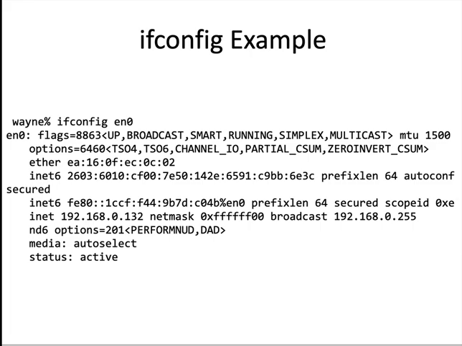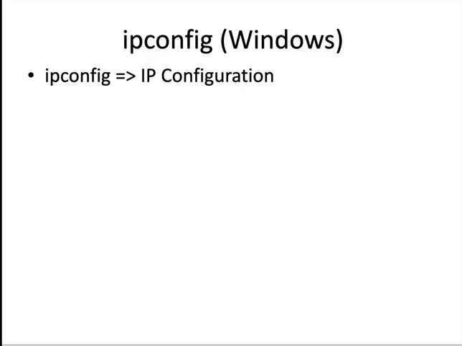Now, we kind of have the same thing on Windows, but for whatever reason, they changed IF for interface to ipconfig. And maybe that makes more sense because it's going to give you the IP configuration, but the behavior is the same.